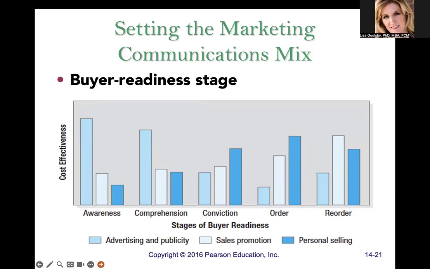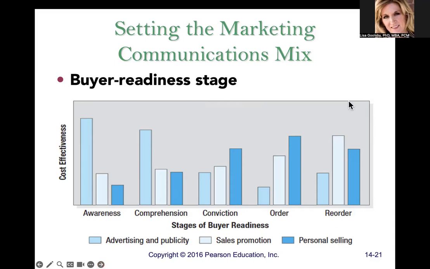Another thing that we look at in setting the marketing communications mix is the buyer readiness stage. Where are they in this stage of understanding the product? Awareness, comprehension, conviction, order, or reorder. Depending on where they are in that stage, you might use different forms of your communications.